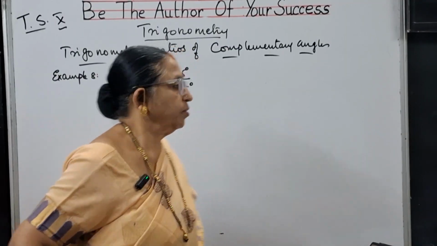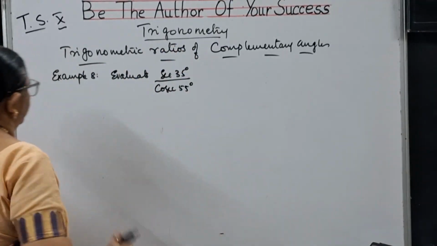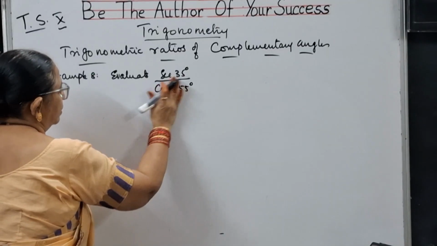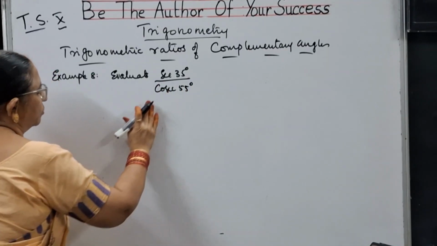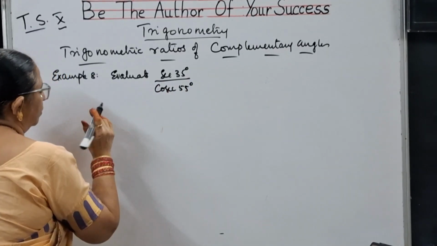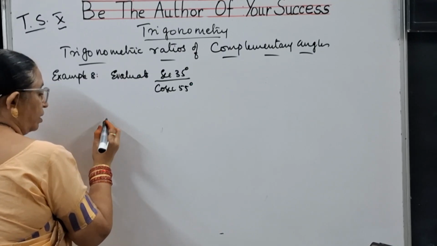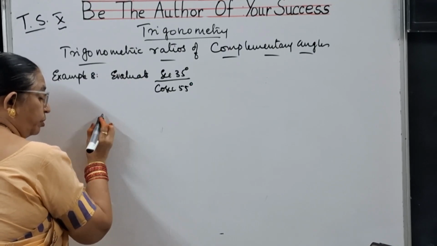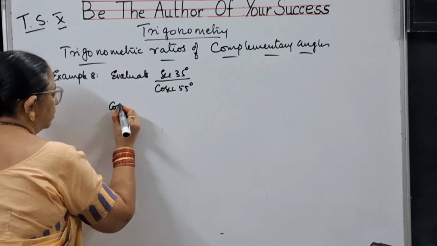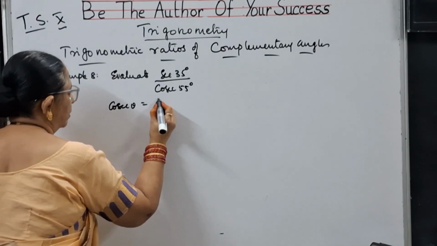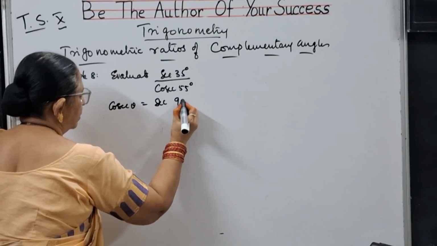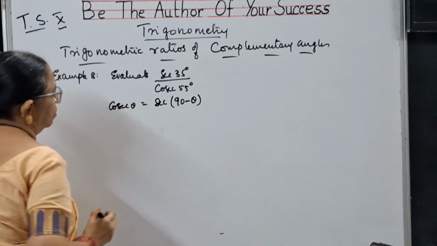Now we are going to do example 8. Evaluate secant 35 degrees by cosecant 55 degrees. So let us go for the formula which you have learned. Cosecant theta is nothing but secant 90 minus theta.